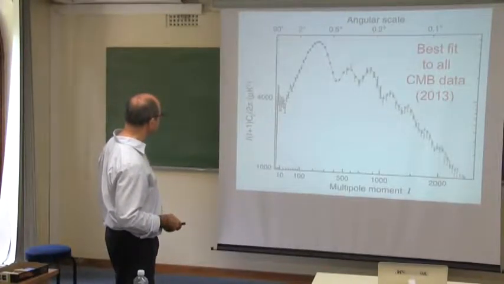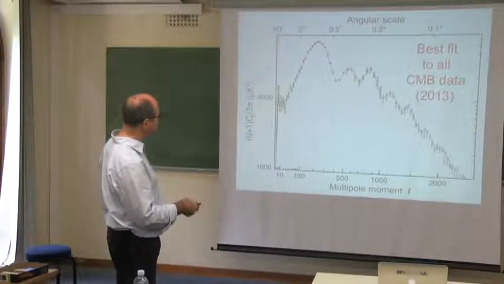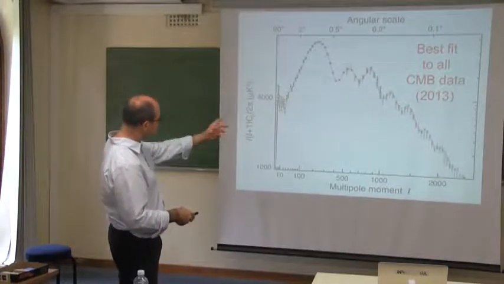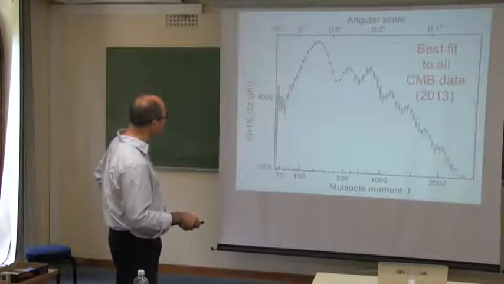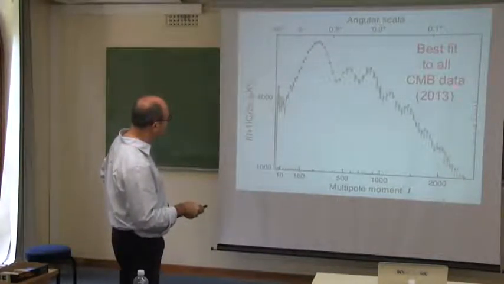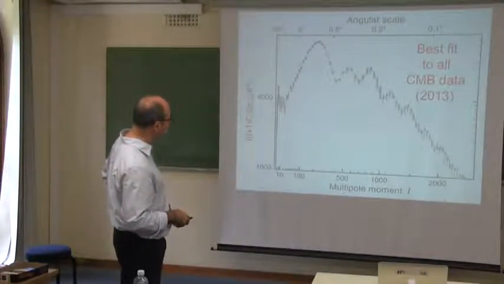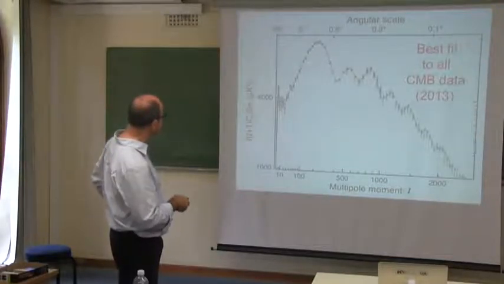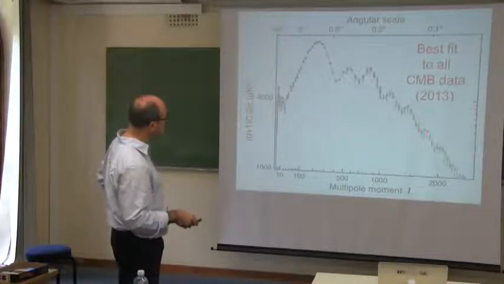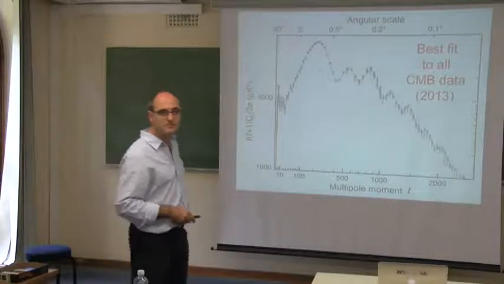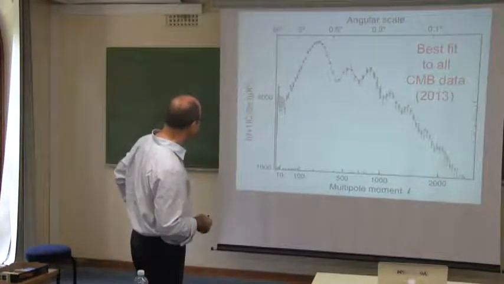It was not clear. However, in 2013, with data from the Atacama Cosmology Telescope and the South Pole Telescope, there was a very clear indication that there were more than 2 or 3 peaks in the CMB.